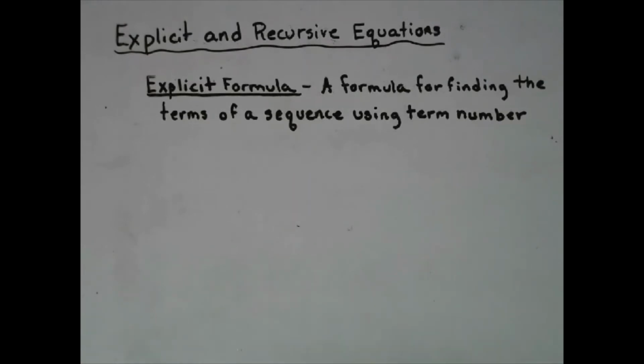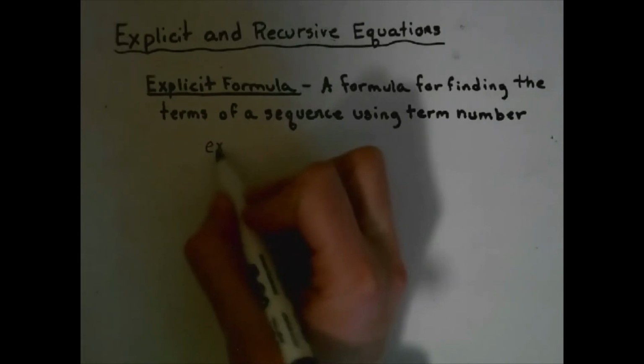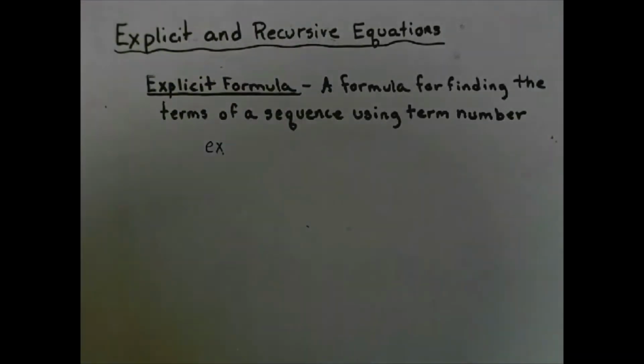The advantage is obviously in a recursive, if I wanted the 100th, I would need the 99th term. But in an explicit, all I need to know is the formula and what term I'm trying to find. The downside is they are harder to come up with.